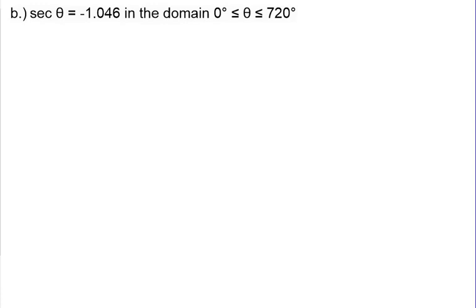Secant is equal to negative 1.046 in the domain 0 to 720. Again, note it's in degrees, our domain. We want our calculator to be in degrees. We know secant of theta is equal to 1 over our cosine of theta.